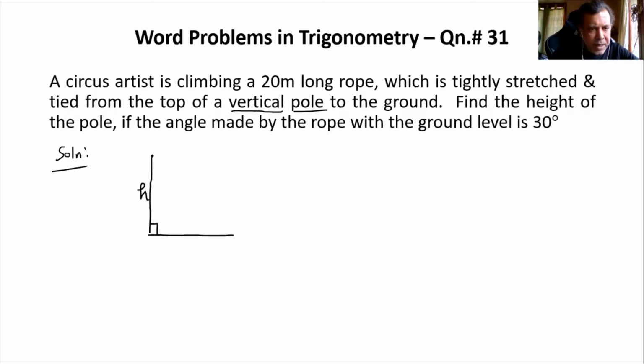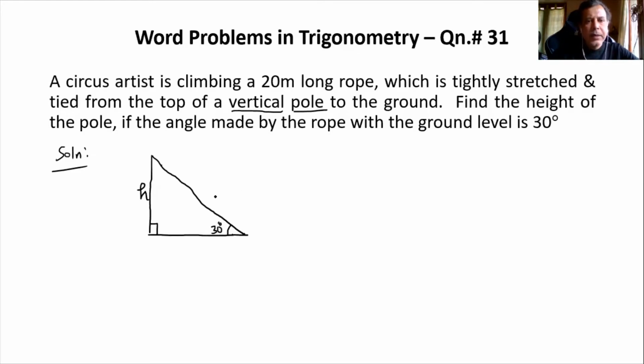This is the top of the vertical pole. From here, it is tied to the ground. And it says, find the height of the pole, okay? And the angle made by the rope with the ground level is 30. That means this is given as 30 degrees.